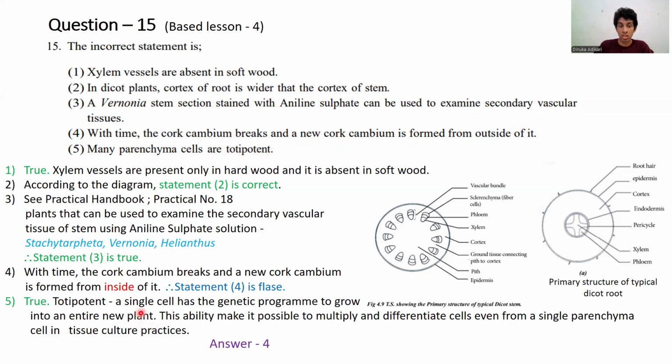Totipotent means a single cell has the genetic program to grow into an entire new plant. So this ability makes it possible to multiply and differentiate cells even from a single parenchyma cell in tissue culture practices. Therefore, the incorrect statement was the fourth one. So the correct answer is 4.